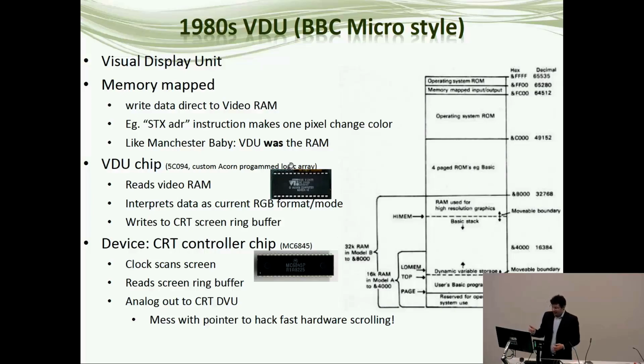One of the greatest hacks of all time was the video game Elite, where they figured out that the BBC Micro had different screen modes which controlled the rate that the CRT was moving and the rate of these scans. And it was always assumed you either had to be in a high resolution mode with a small number of colors or a low resolution mode with a lot of colors.